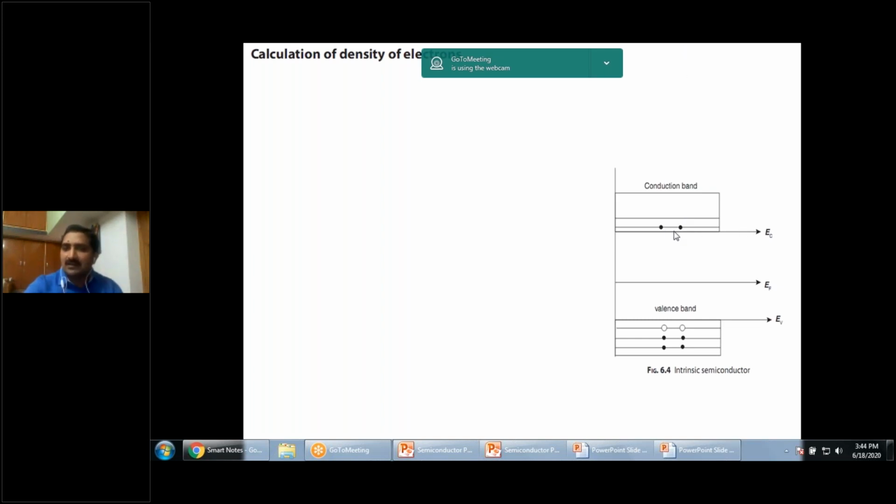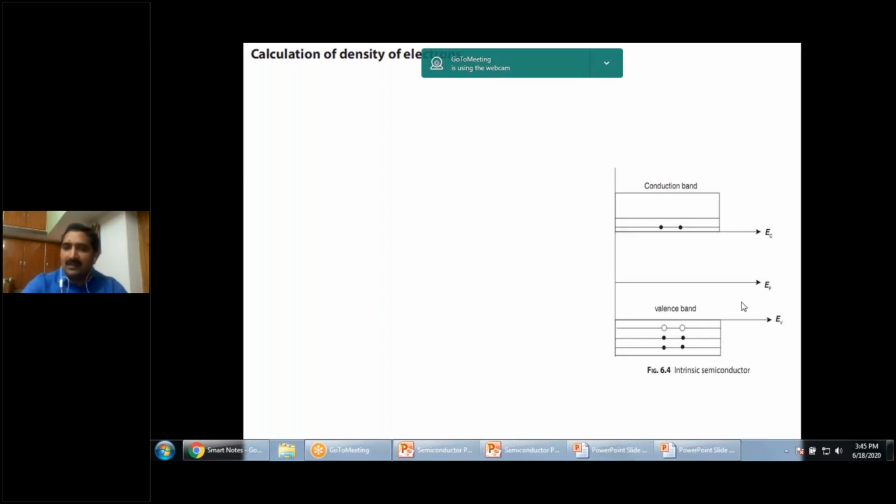The valency band boundaries are from EV to minus infinity, which can be written as minus infinity to EV. The conduction band boundaries are from EC to plus infinity.